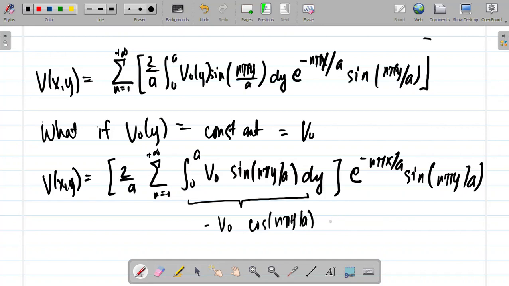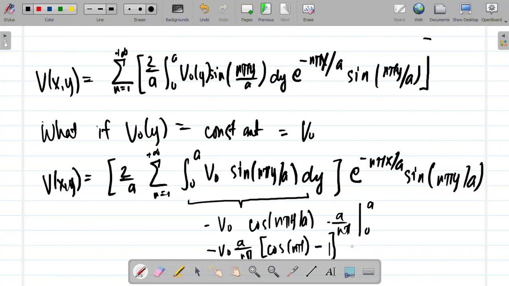So, this is a over n pi, running from 0 to a. So, this is equal to negative v naught a over n pi times cos n pi minus cos 0, 1.